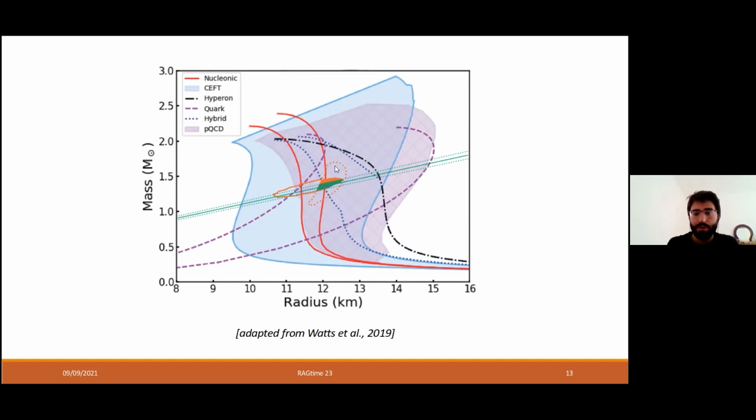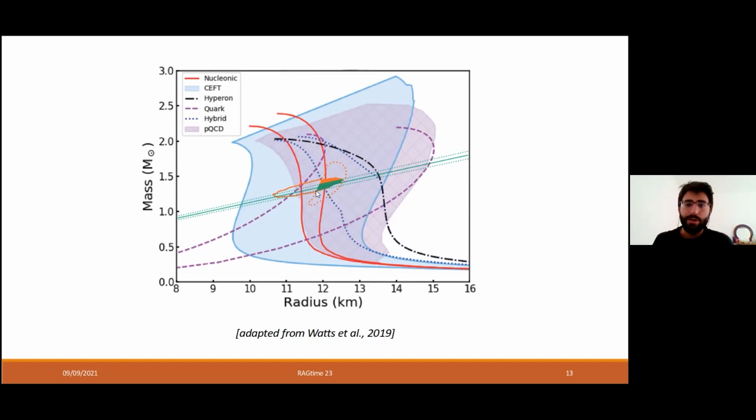So if connected with other methods, such as the hotspot or thermonuclear explosions and bursts on the surface of the neutron star, this will allow us to pinpoint the proper location of the equation of state in the mass radius diagram for neutron stars.